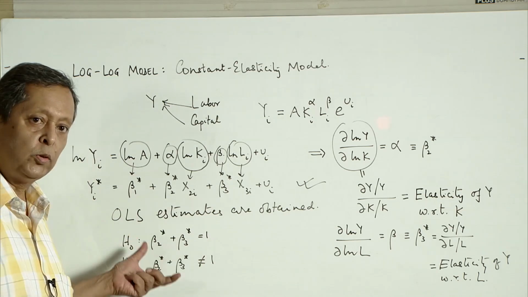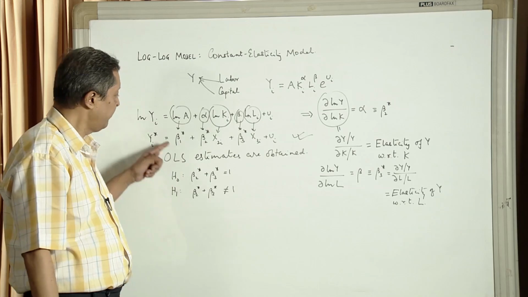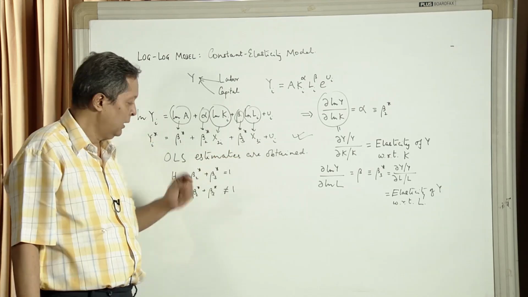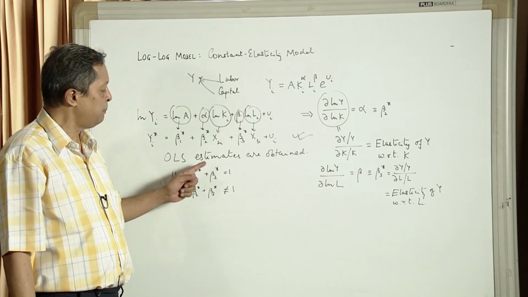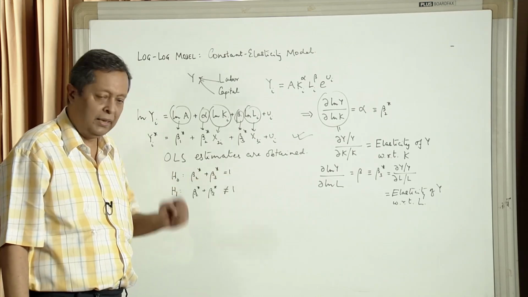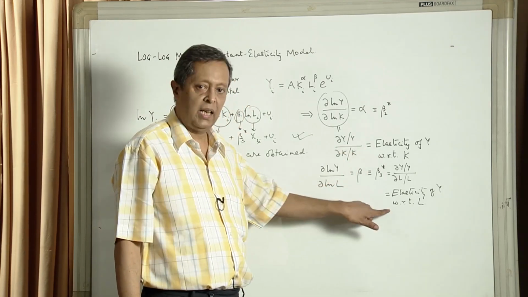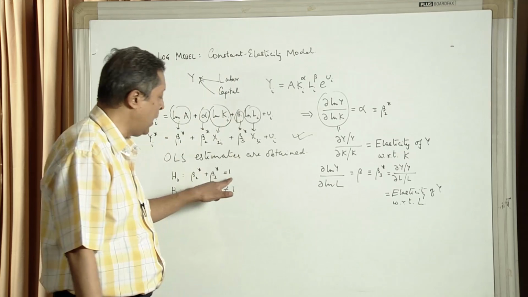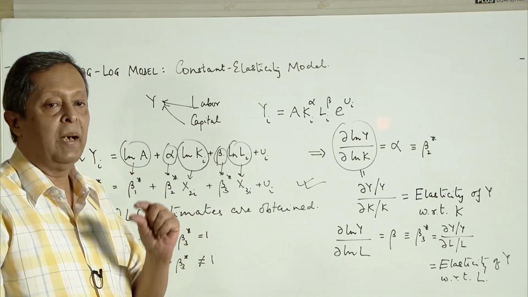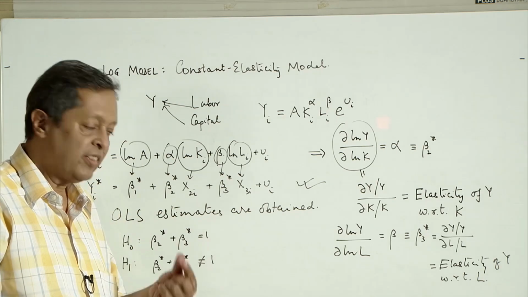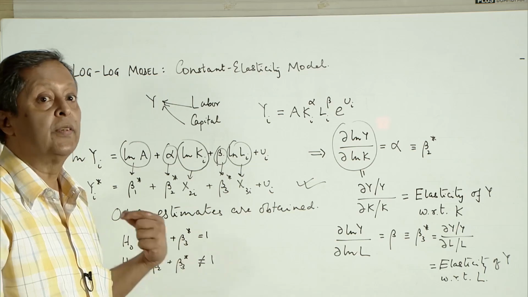If you go back to the earlier models where we studied testing of hypothesis, you will note that having estimated this model, we carry out tests of hypothesis. For example, here beta 2 star plus beta 3 star equal to 1 means elasticity with respect to k plus elasticity with respect to L is equal to 1, which means that if you increase k and L by the same proportion, say by 2% each, then output would also increase by 2%.